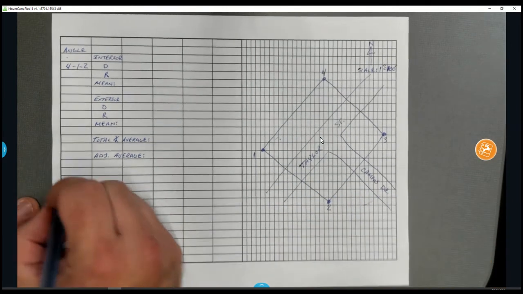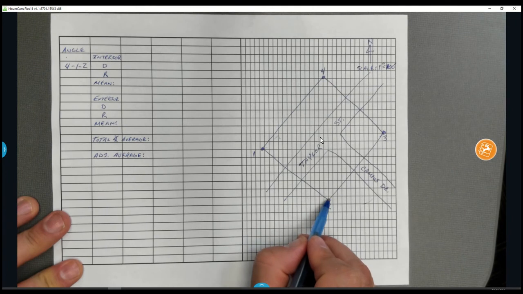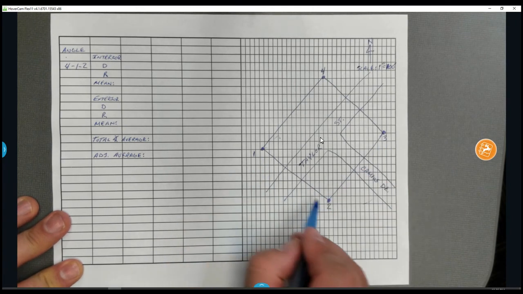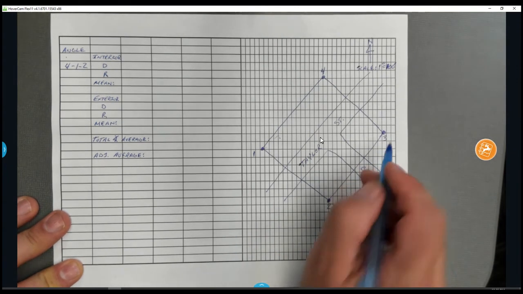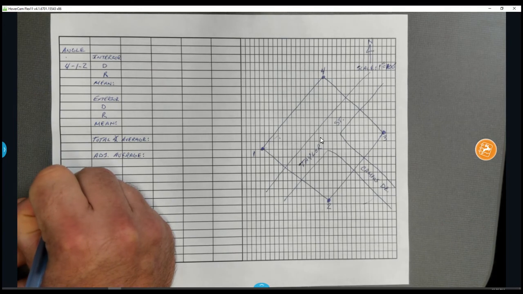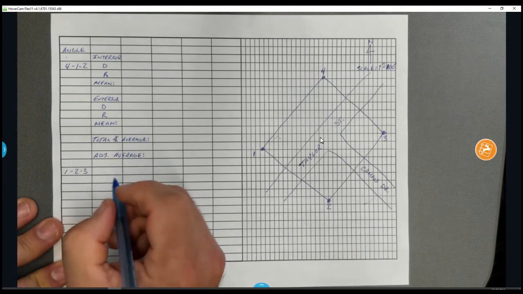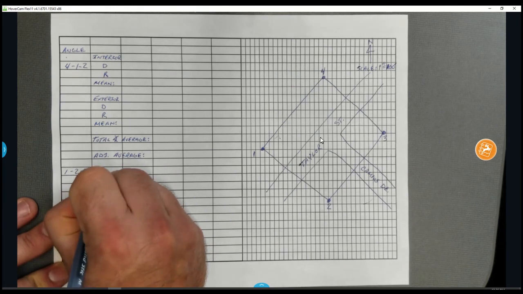So that brings us to the next one. The next angle that we're going to turn, we're going to move up. So the next angle is going to be 1, 2, 3. Backsighting 1, occupying or sitting on with the total station number 2, foresighting number 3. So that brings us to 1-2-3. And we're going to do the interior.